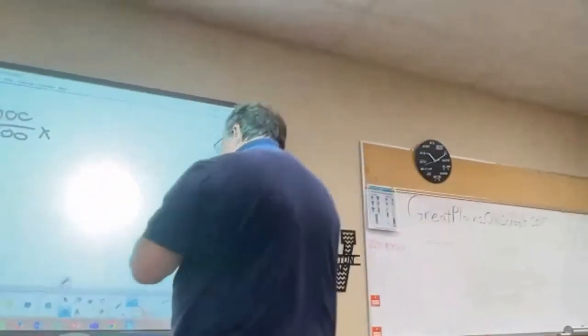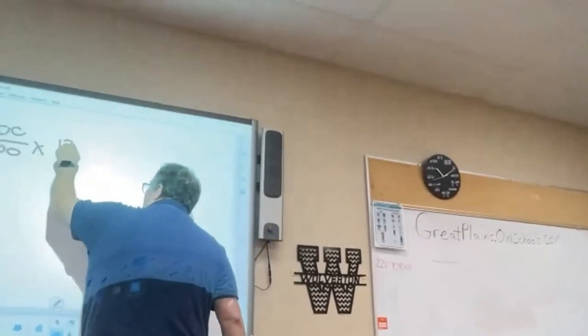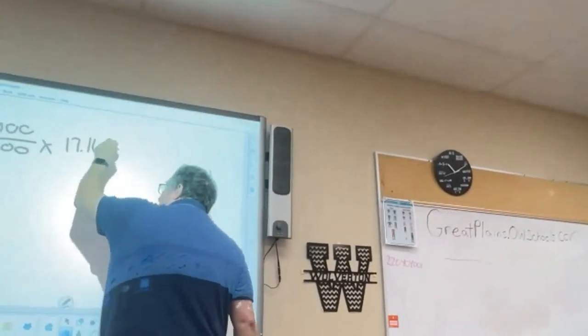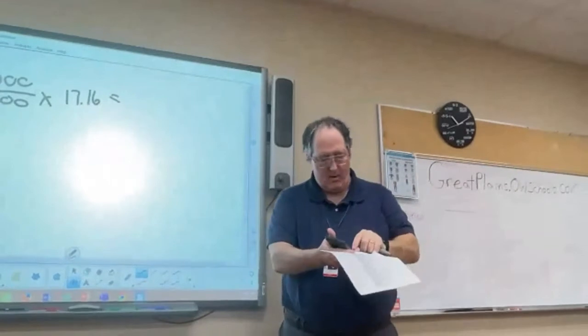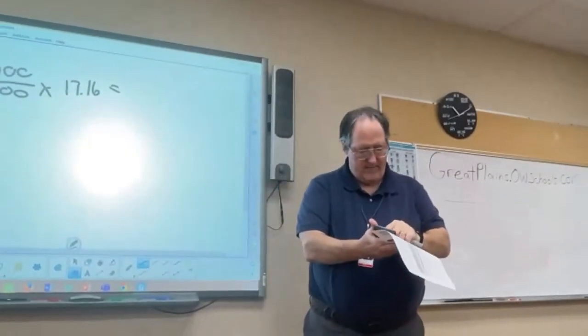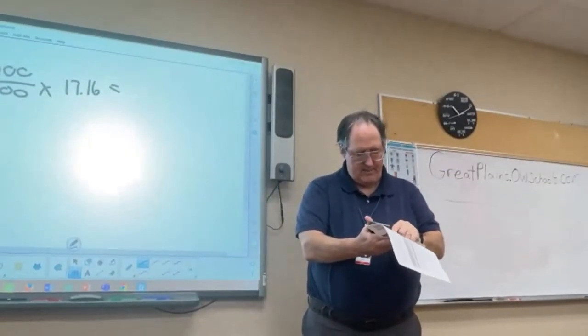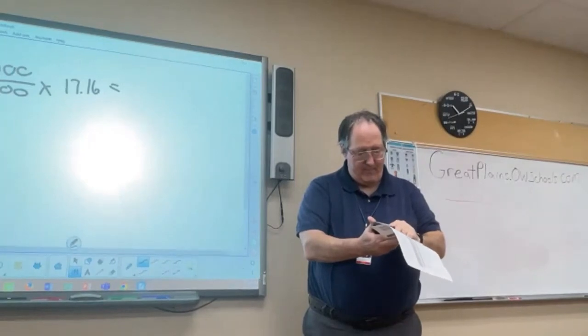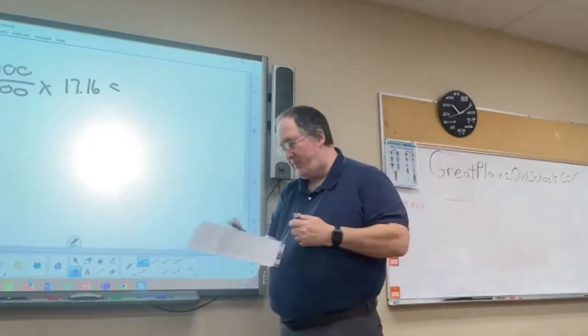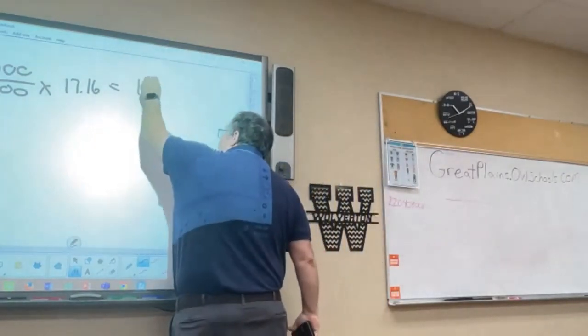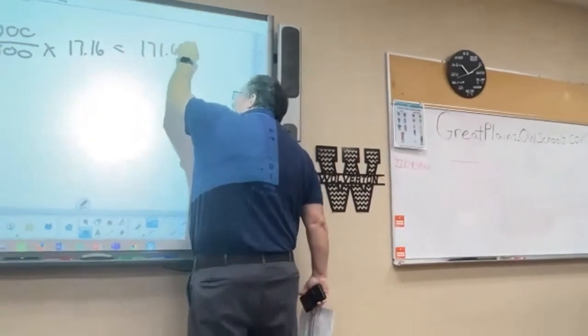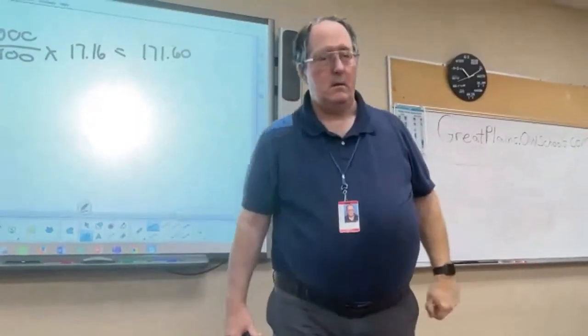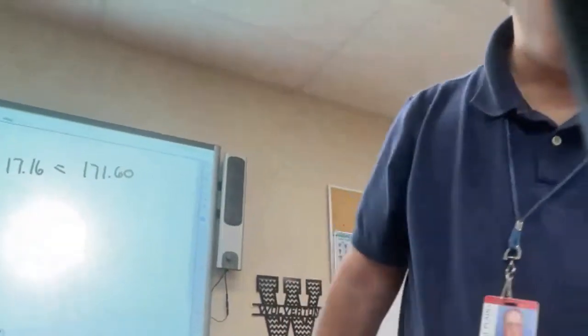That's the chart. That's the table value. So 1,000 divided by 100 times 17.16, the table value, and I get a monthly payment of $171.60. It is a 6-month loan.